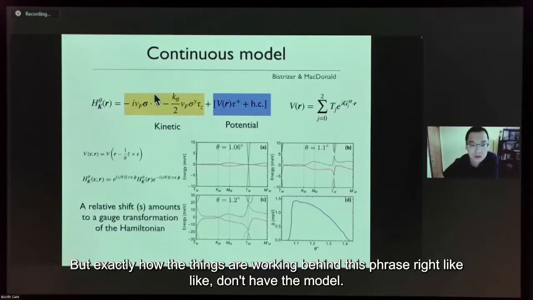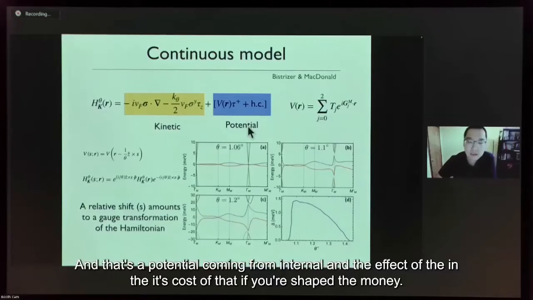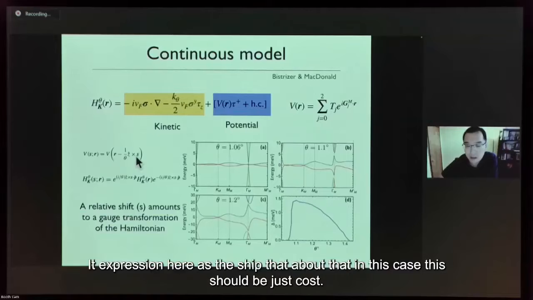McDonald model. So you have this kinetic part that's coming from the intralayer hopping, and there's a potential coming from interlayer hopping. And in fact, in the McDonald paper, they already discussed that if you shift one layer relative to the other, then the Moiré potential would have to be changed by this expression here, where S is the shift vector.